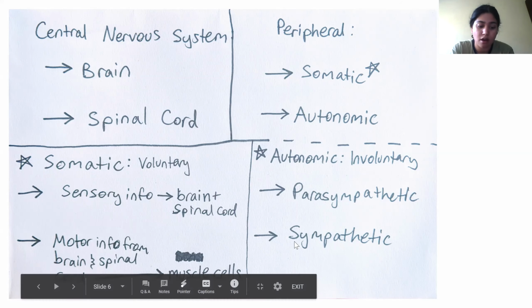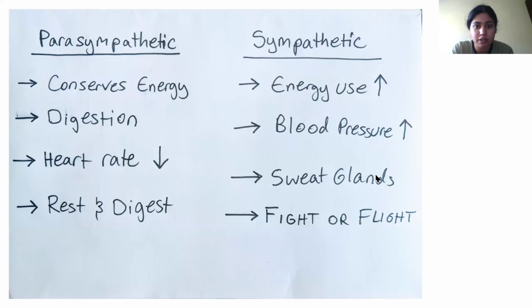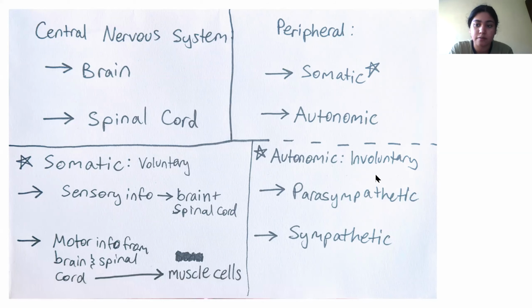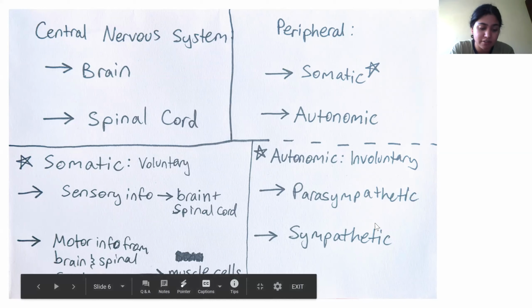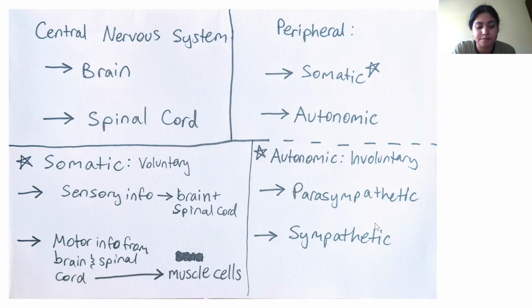And then the autonomic nervous system has to do more with involuntary movement. It's subdivided into parasympathetic and sympathetic nerve fibers. And it regulates things like digestion and heart rate. And it carries signals to and from internal organs and conveys that information to the central nervous system.